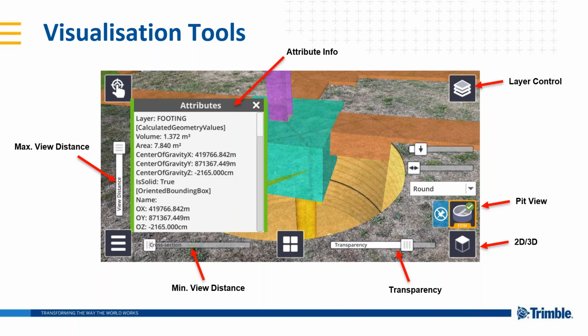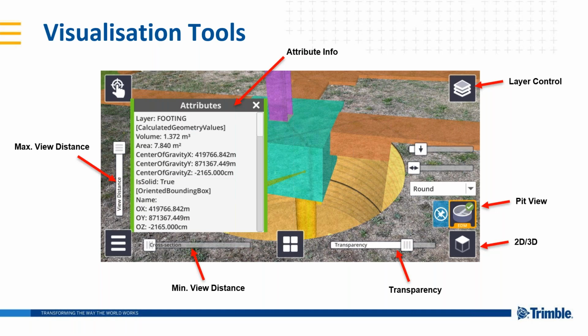So we'll go clockwise again, and we'll go to the minimum view distance, and then just around the corner there's the maximum view distance. What that is doing is allowing you to push back or increase the minimum distance. Think of it as if you're sitting inside the model and facing in a certain direction. If you move that slider, it's going to hide the model that's right in front of you up to whatever distance you set.